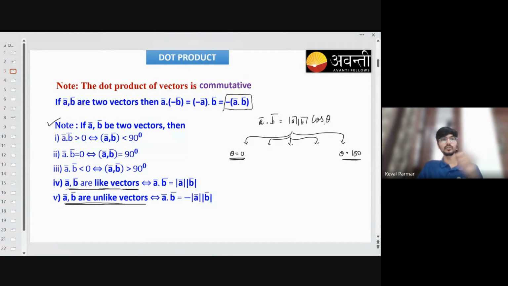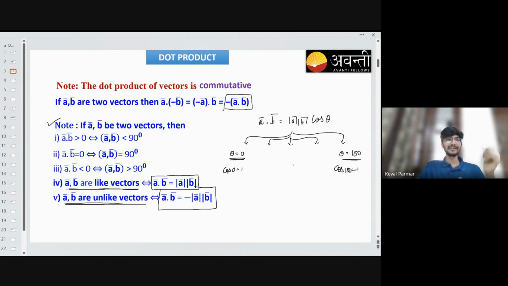Cos theta will be equals to 1. So I'll get A bar dot B bar as mod A into mod B. Similarly, if theta equals to 180 degree, then what is A bar dot B bar? It is minus times AB. Why? Because cos 180 is minus 1. Here you can write cos 0 is 1 and cos 180 is minus 1.